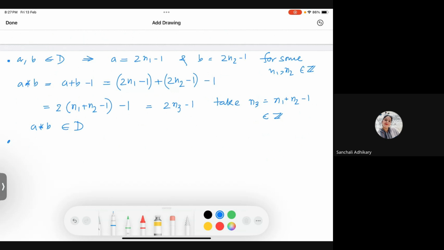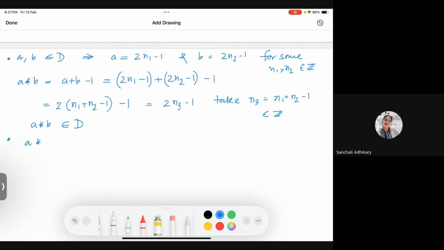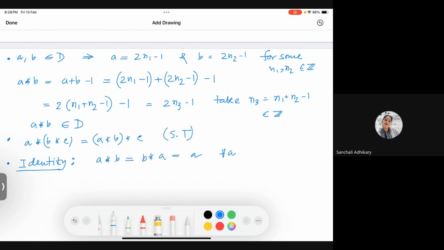Now, associative property holds, A star B star C. I am giving you, this is an exercise. Show that. Okay. What is the identity? What is the identity element? So for identity, I need A star B is equal to B star A is equal to A. This is true for all A belongs to D. I need B, right?